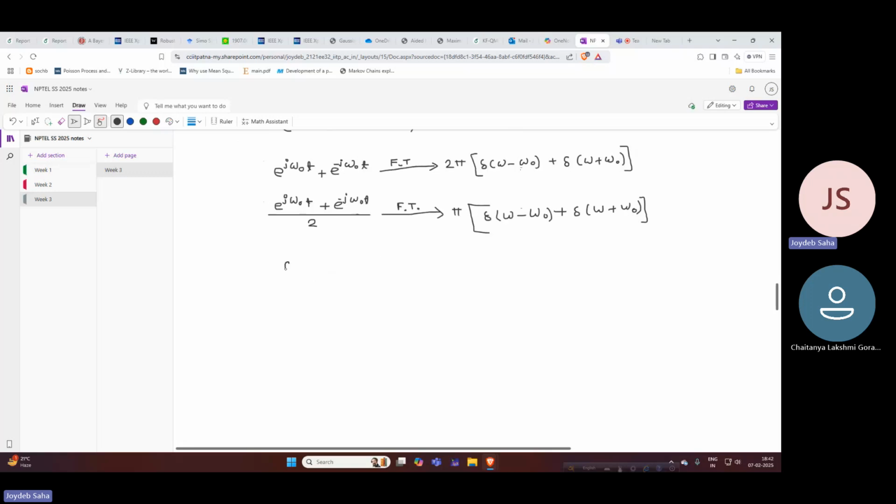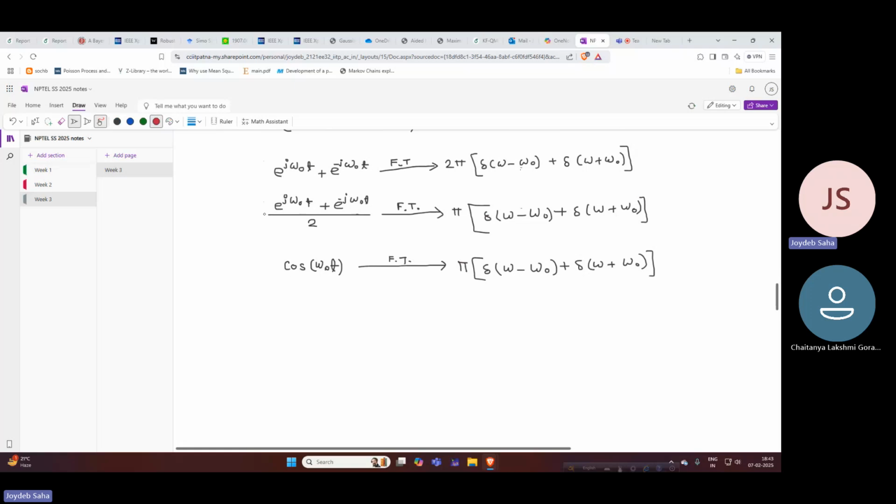So cos omega 0 t, its Fourier transform is pi times delta omega minus omega 0 plus delta omega plus omega 0.